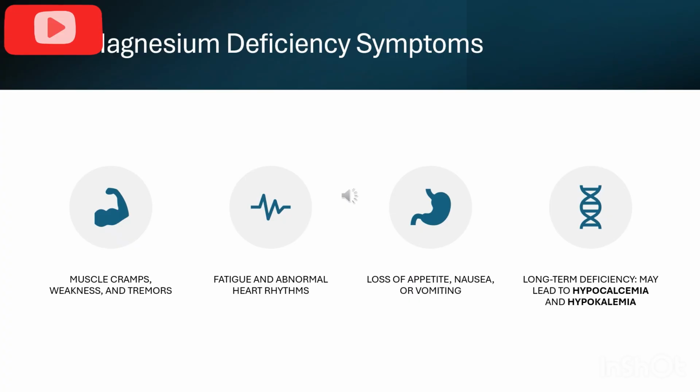In chronic cases, magnesium deficiency can lead to low calcium and potassium levels, what we call hypocalcemia and hypokalemia in the blood, and over time may contribute to what we call osteoporosis and metabolic disorders. So I think a balanced diet containing leafy vegetables, nuts, and whole grains is the best way to prevent these deficiencies.